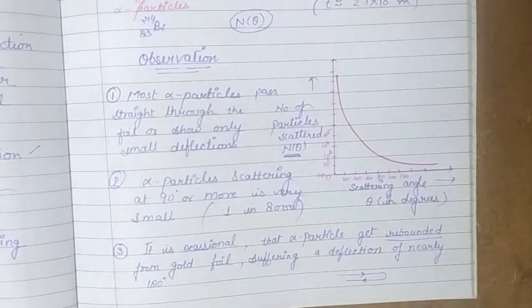So these are the three observations that are obtained from the Rutherford experiment, and the significance of this result is, since most of the particles are passing straight through the foil, this shows that there is nothing in that space due to which the particles get scattered. So this shows that most of the space within the atom is empty.